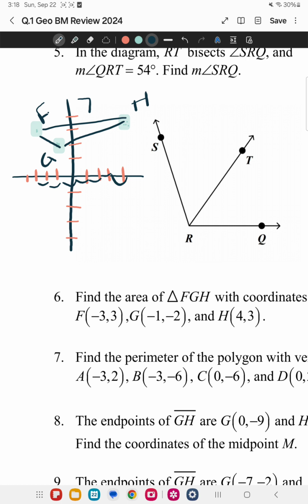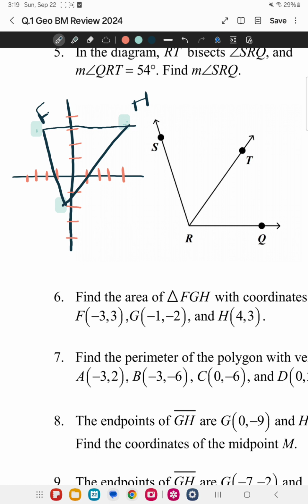My height is a little tricky. My height is actually from here to here, and I did not draw this very well, but I know it goes from, let me double check, right here. Sorry, I had graphed it wrong, so I just regraphed it really quick off screen.